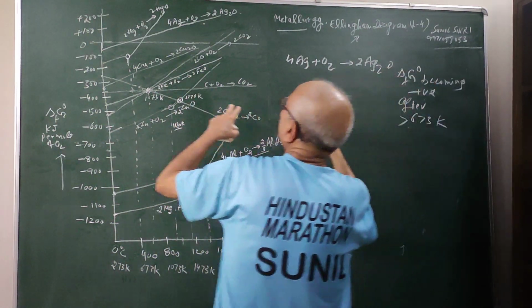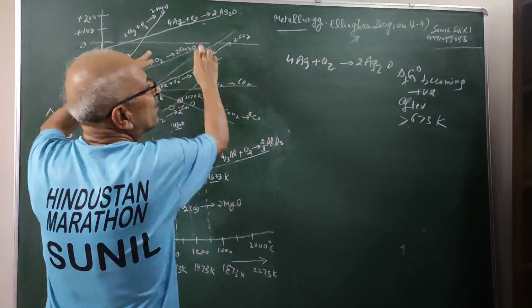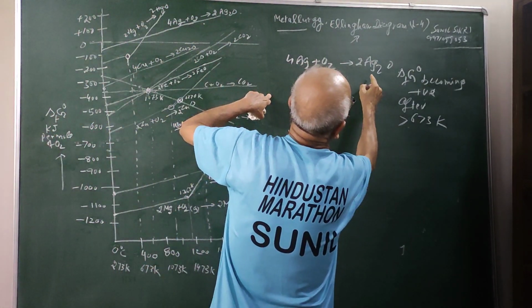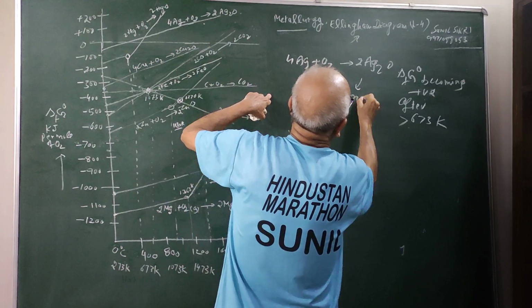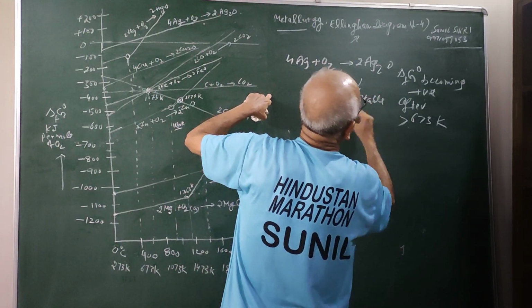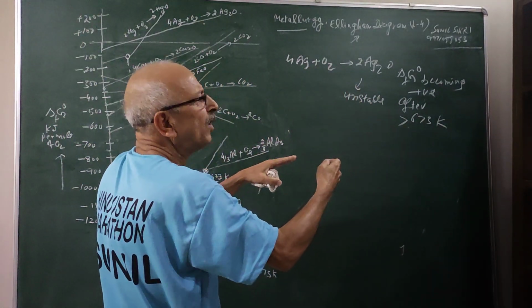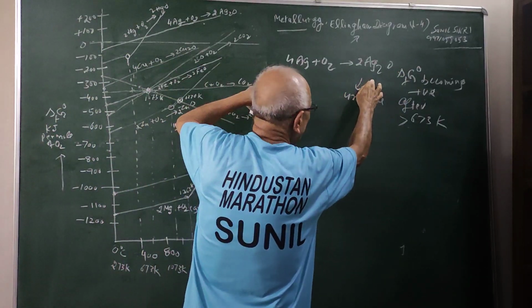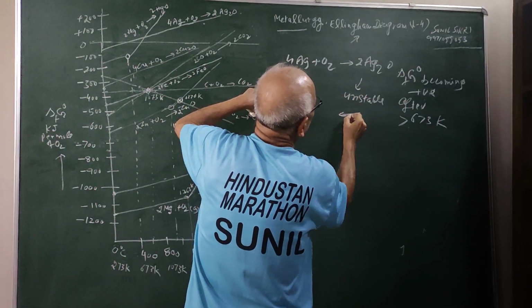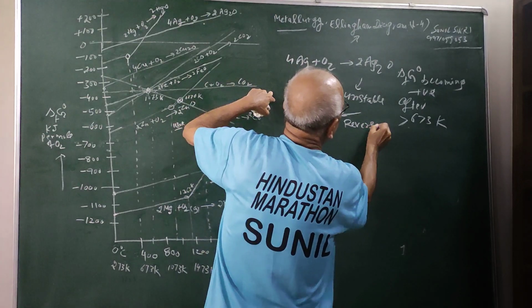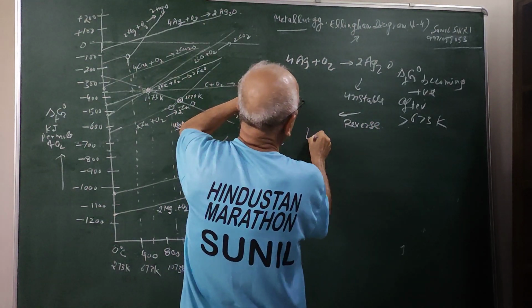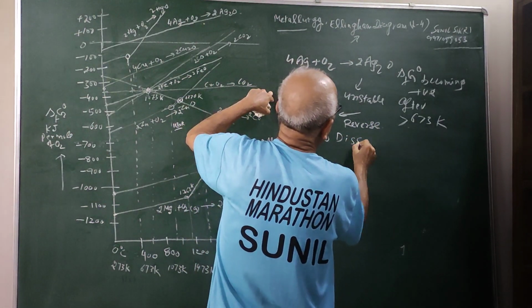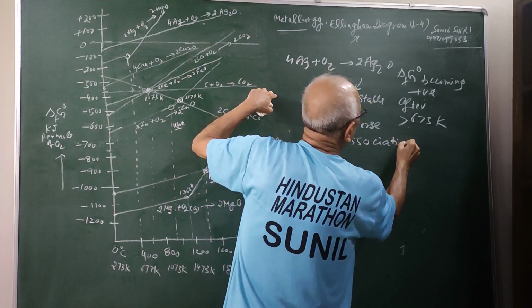So beyond this temperature, what is happening? Delta G has become positive. Therefore, this will become unstable. At a temperature, maybe say 700 to 800 Kelvin, it will become unstable, and the reverse reaction will take place. That means it has low dissociation temperature.